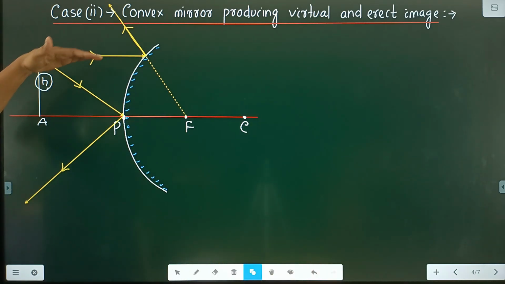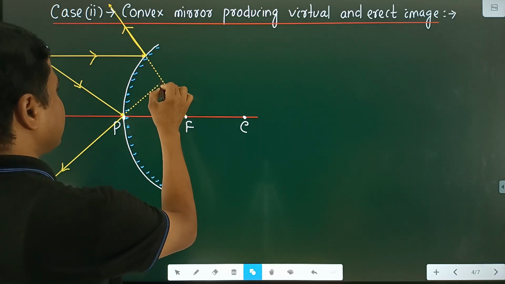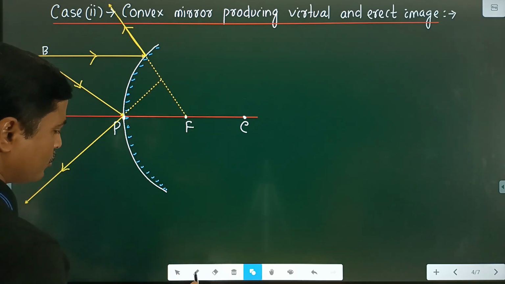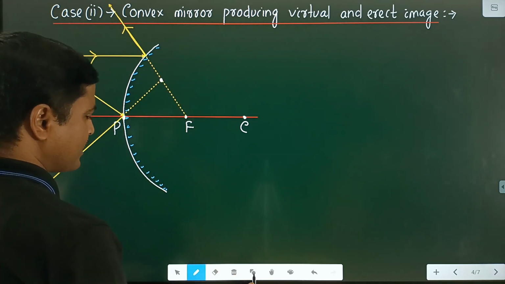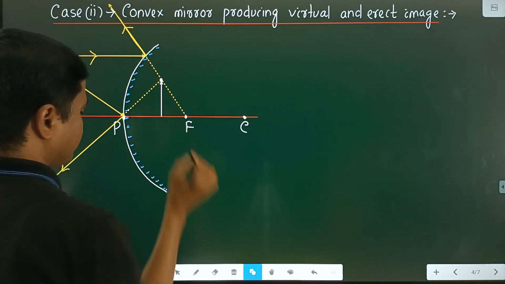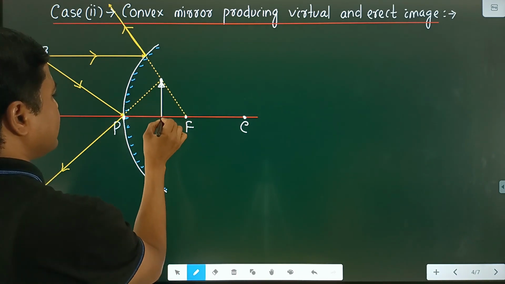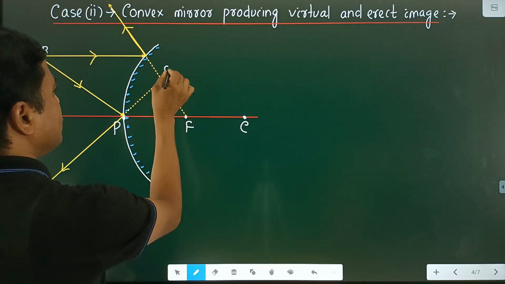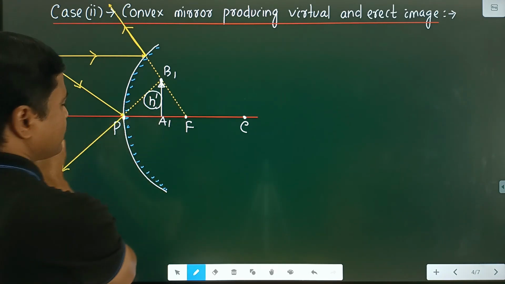Because the incident ray is parallel to the principal axis, and if we extend the second reflected ray, both reflected rays meet at this point. That means the image is formed at this point, and you draw the image. This one is the image, and for the height of the image we write A1B1, and for A1B1 we write h prime.